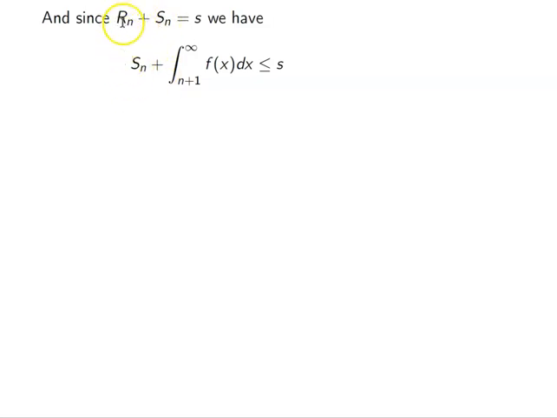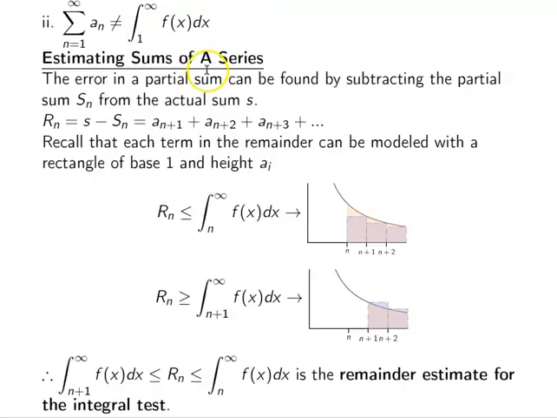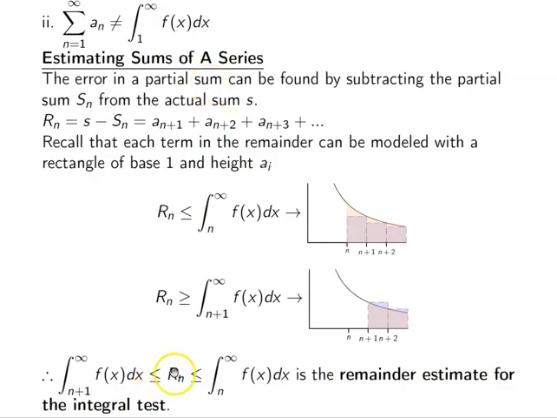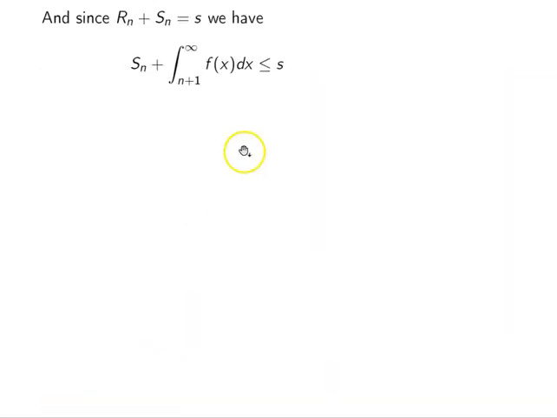This remainder, we know, was larger than the integral from n plus 1, but it's still less than s, right? So this gives me a lower bound here. This was the lower bound. Oh, sorry. The remainder was larger than that. Okay. So s is definitely less than this because this value is less than Rn, right?